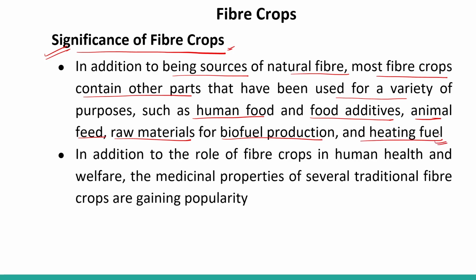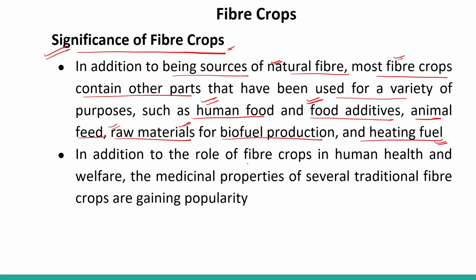So the fibers are not only used for making cloth material, but they are also used for human food additives, animal feed, raw material for biofuel production, and also heating fuel. So this is one of the significances.